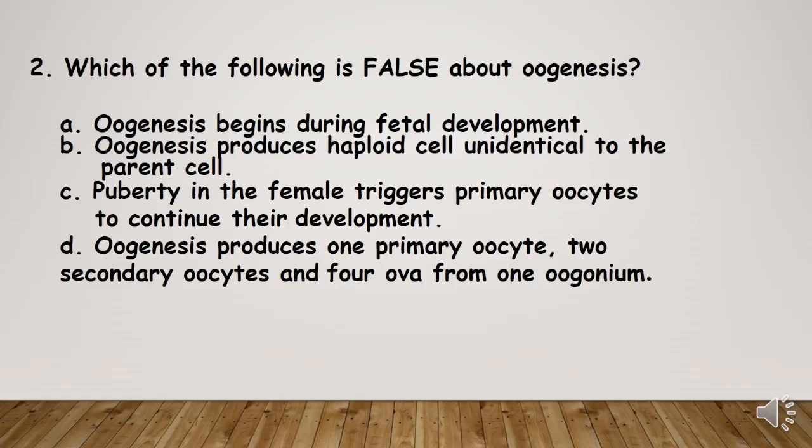Letter B, oogenesis produces haploid cell unidentical to the parent cell. Letter C, puberty is the female trigger's primary oocyte to continue their development. Letter D, oogenesis produces one primary oocyte, two secondary oocytes, and four ova from one oogonium. False about oogenesis. Okay, 5 seconds.